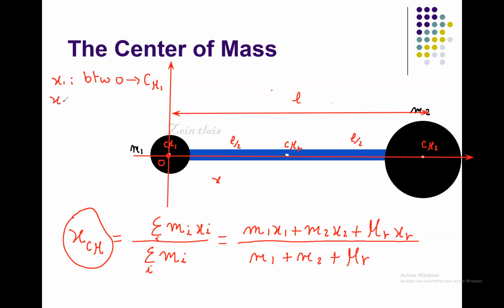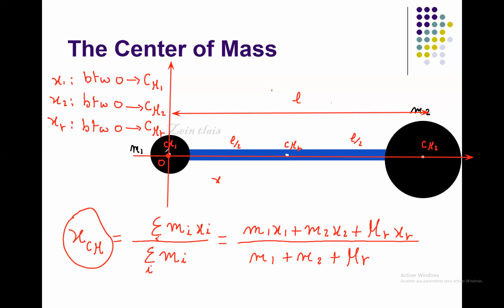X2 is the distance between O and the center of mass of M2. And XR also is the distance between O and the center of mass of the road.